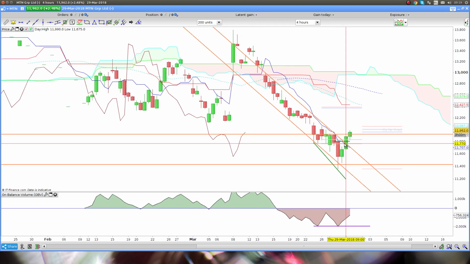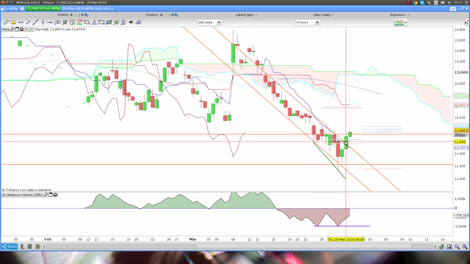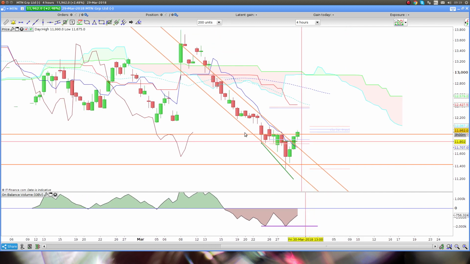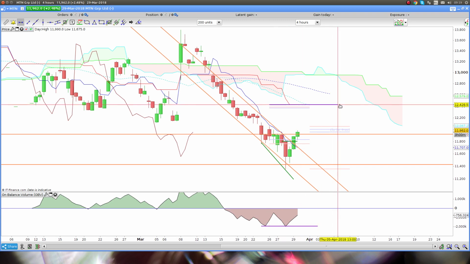We've also broken through Tenkan Sen, and you can see how Kijun Sen's flattened out, Tenkan Sen flattened out as well. So the very first target that I'm looking for on this is going to be roughly around there. Okay, why?